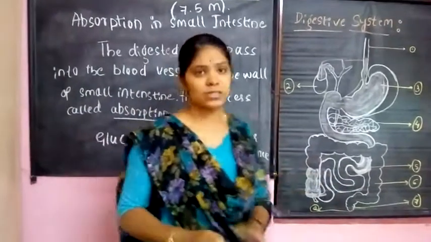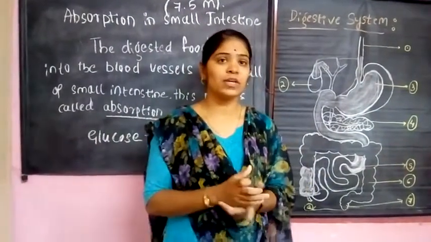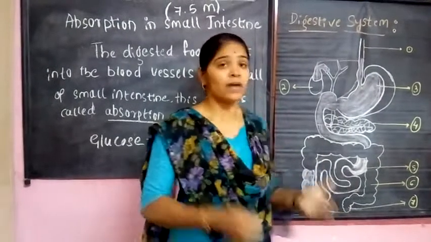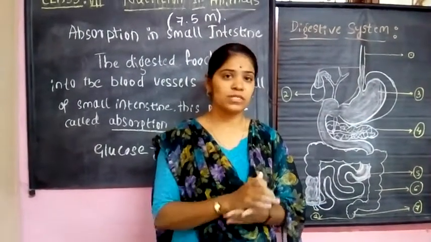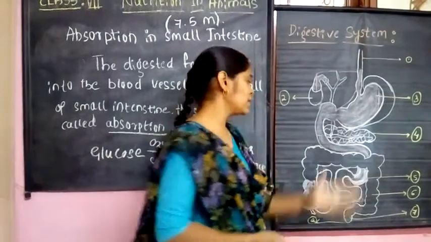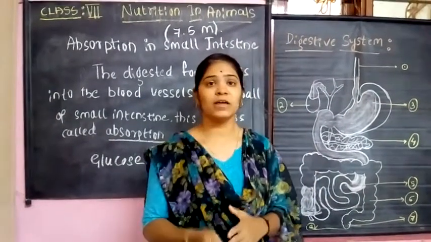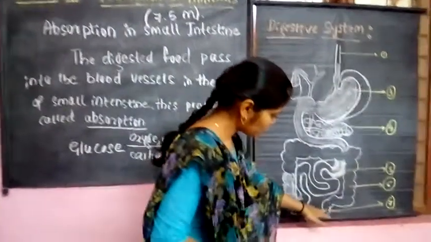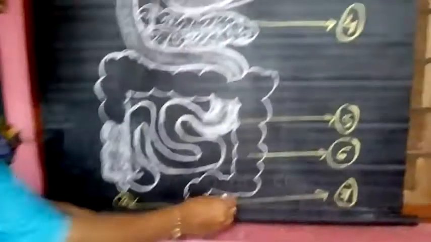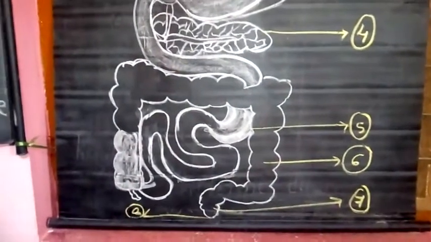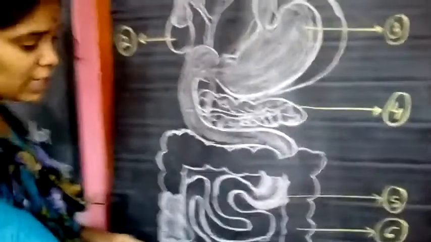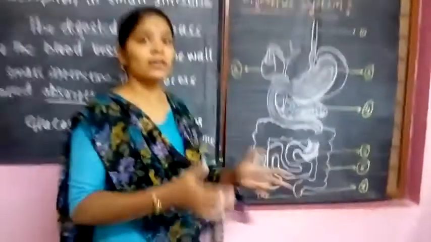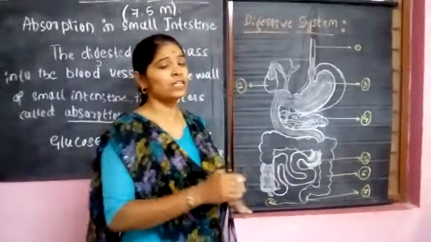So in this large intestine, what happens? The undigested food material will move here, and water and salts are absorbed by the large intestine, and the remaining undigested food material will move towards the rectum. In the rectum, the food material is converted into fecal material.